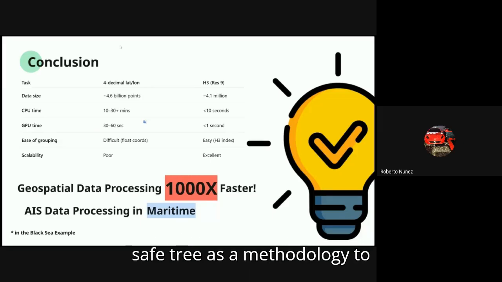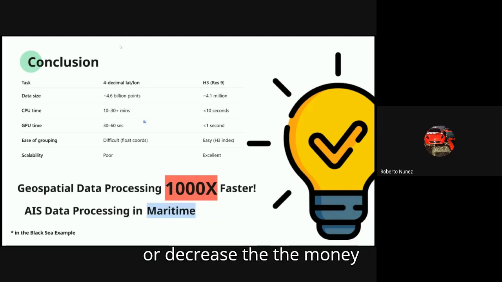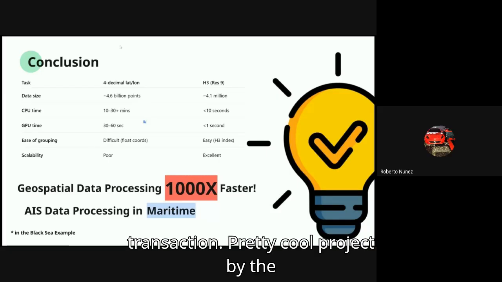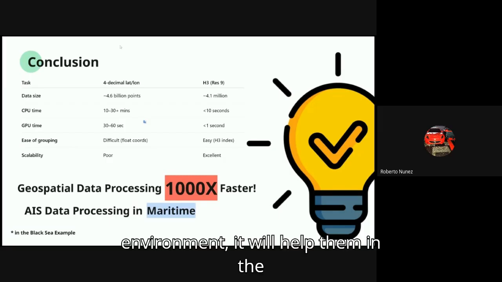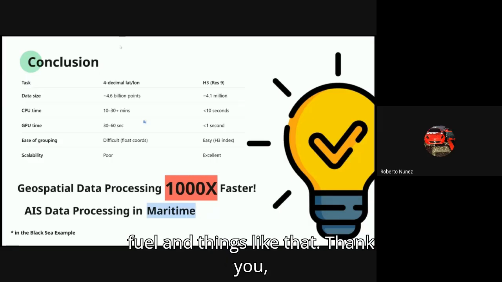So they use H3 as a methodology to help reduce cost, cancellation rates, and also increase or decrease the money that the customer paid during the transaction. Pretty cool project, by the way. I think for the maritime environment, it will help in the same way, saving fuel and things like that.